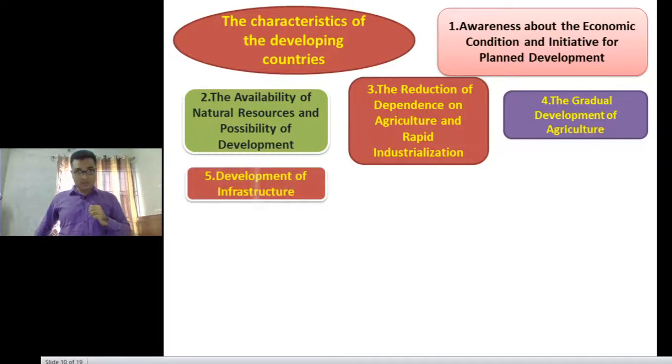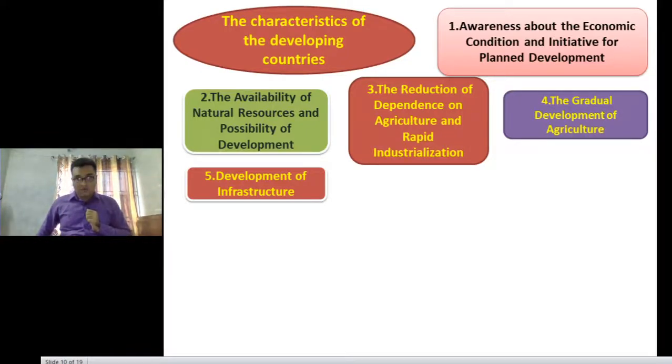Dear students, now I am going to discuss the next characteristic, that is the development of infrastructure. Dear students, in this type of countries, we can see the government has taken many measures to develop the economic infrastructure for the proper development of the country. So this is one of the characteristics of the developing countries.